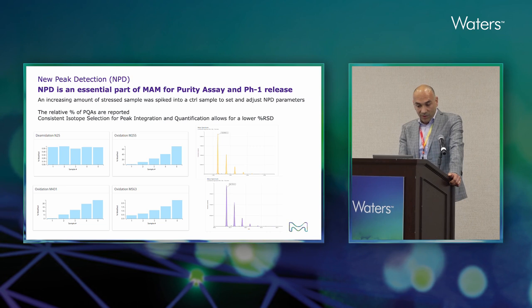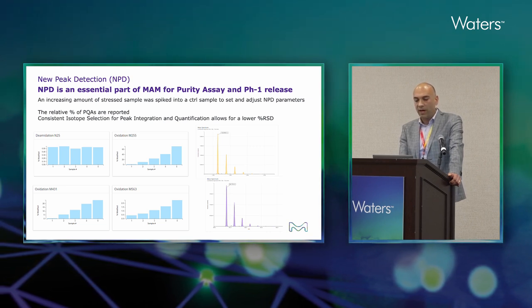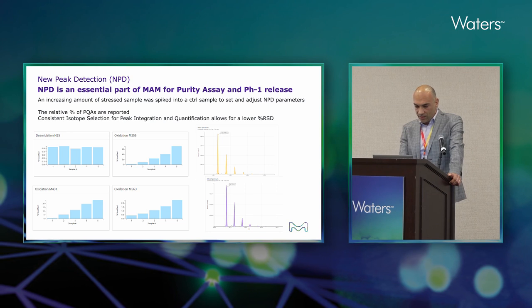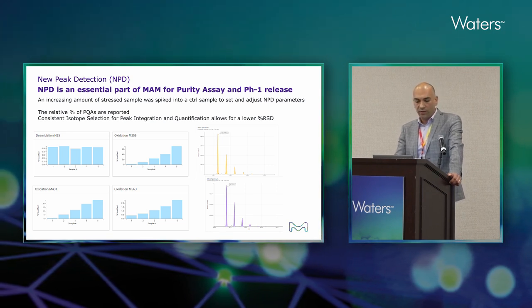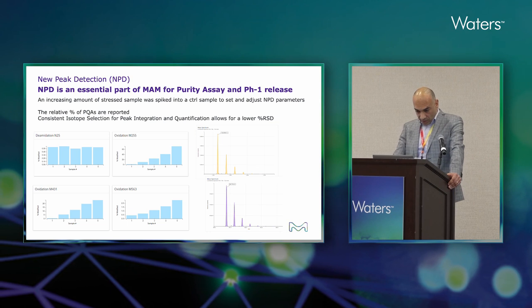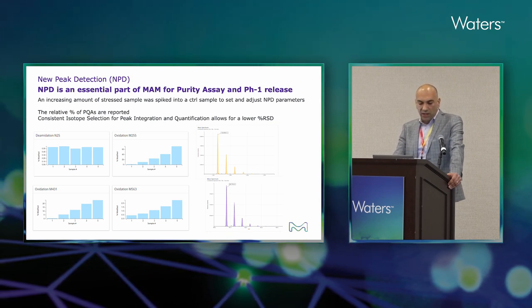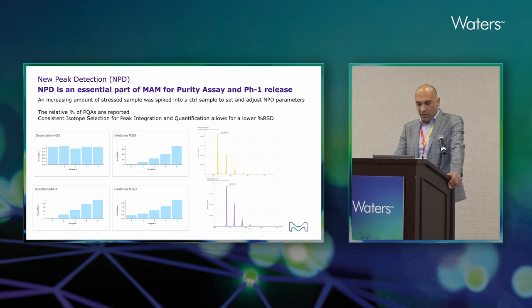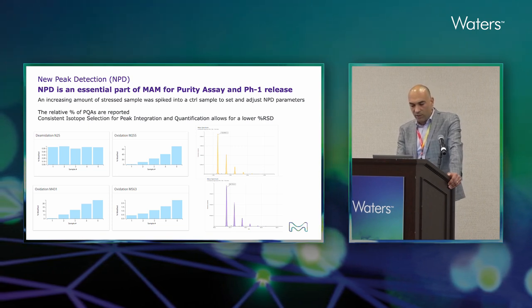So what we did, we performed an increasing amount of stress samples spiked into a control, and here we plotted the results as they are shown in the peptide mapping application. It is really nice and user-friendly. We got the amidation result, top left.